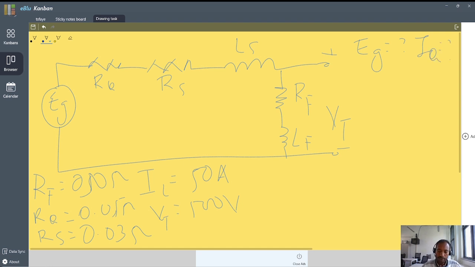From this circuit diagram for our DC generator, we know that EG is going to be VT plus IA times (RA plus RS). This is the equation that we know.